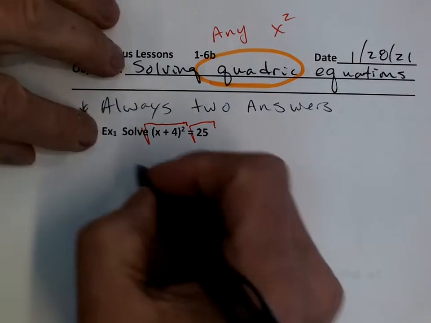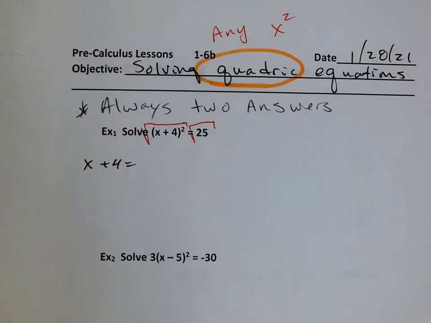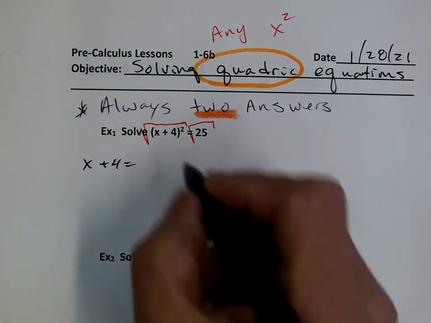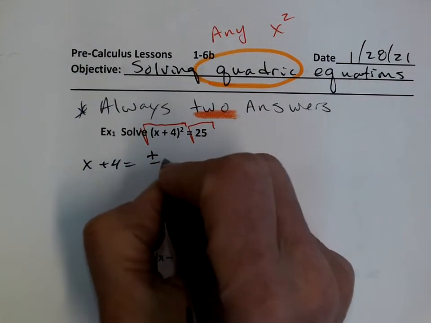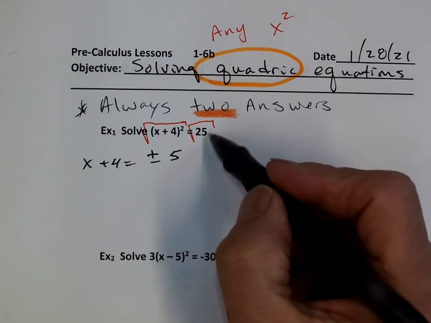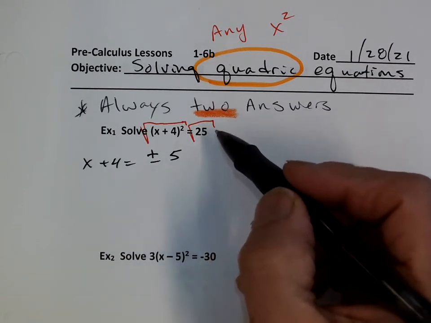Then I'll be left with x plus 4 equals. Now we have to be careful, and I'm going to highlight it. Two answers, so it's going to equal plus or minus 5, both, because 5 times 5 is 25, and negative 5 times negative 5 is also 25. Two answers. You guys okay with that?